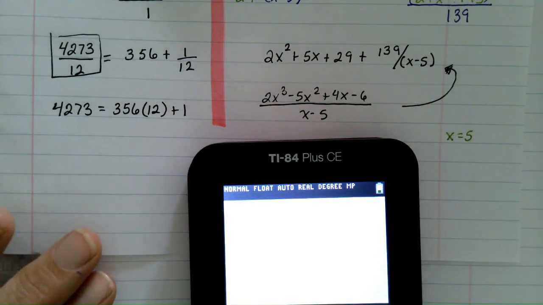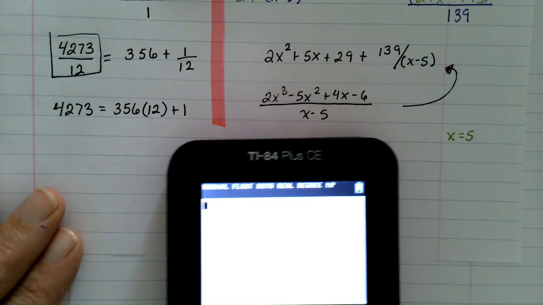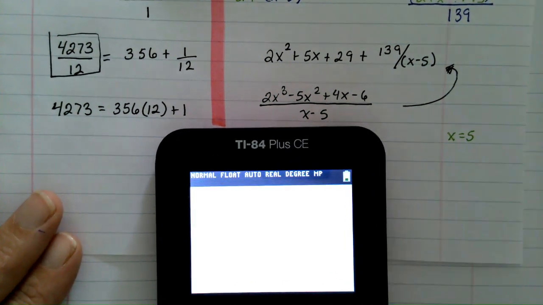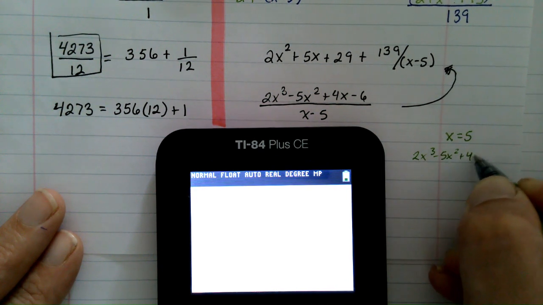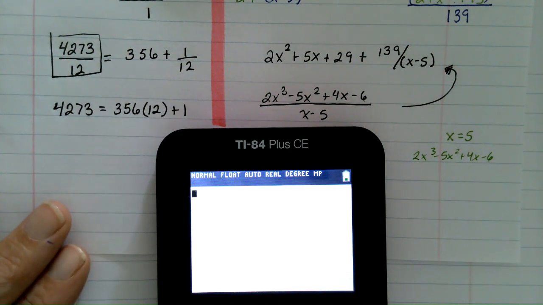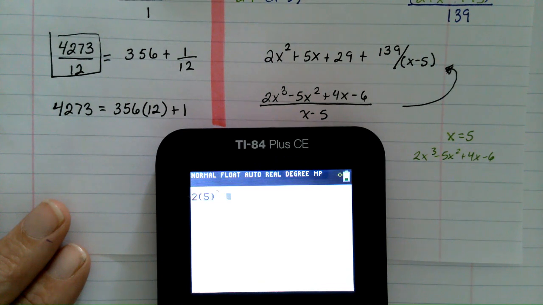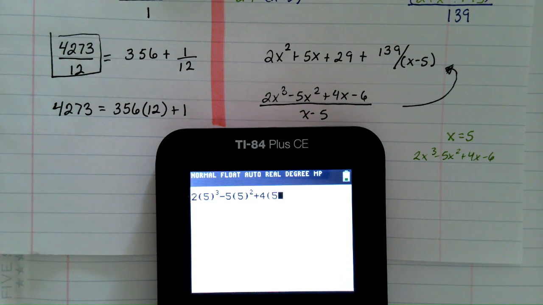So I'm going to go ahead and substitute 5 into what I divided, the 2x cubed minus 5x squared plus 4x minus 6. It gave us a remainder. That's how you can check your work on a lot of problems, is you can check your remainder.